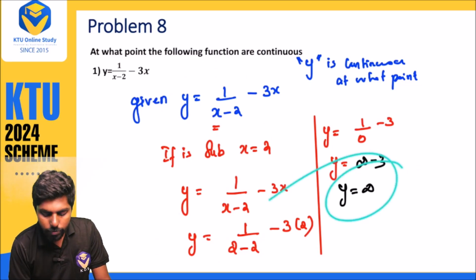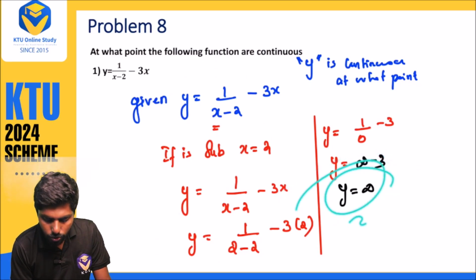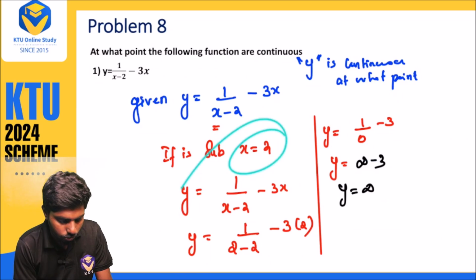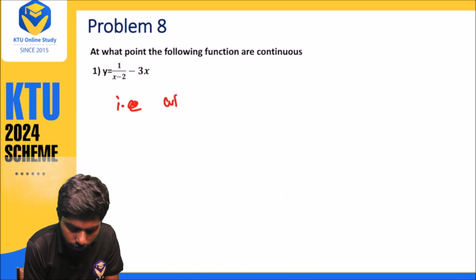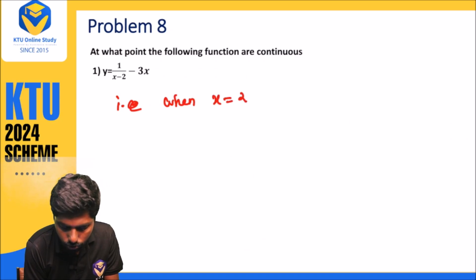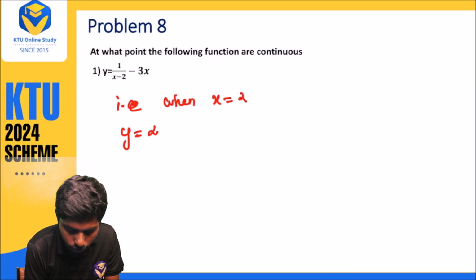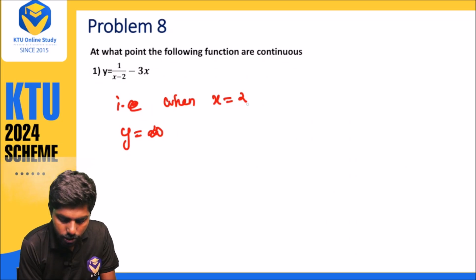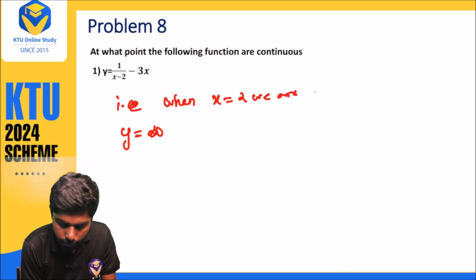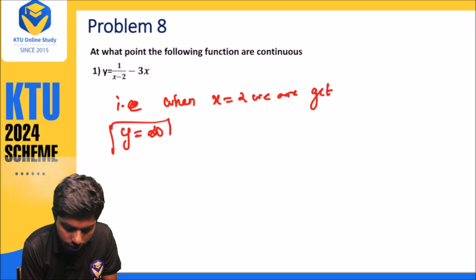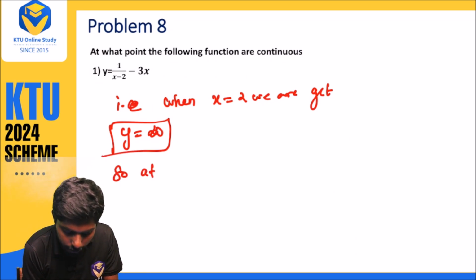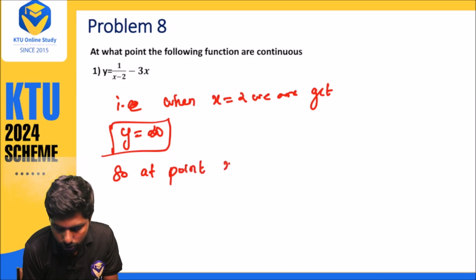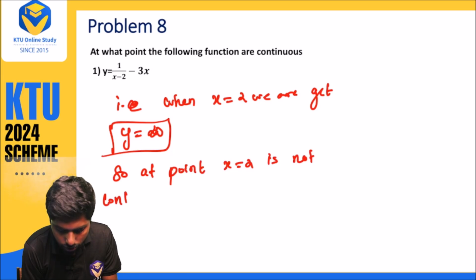From here I can conclude that y is infinite at the point x is equal to 2. So at the point x is equal to 2, it is not continuous.